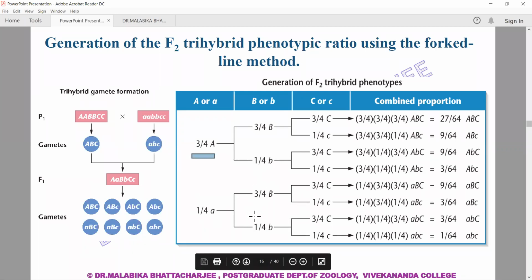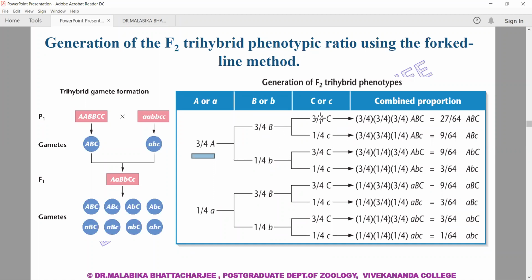Okay. Now there is a third allele, which also will be taken separately. Capital C small c into capital C small c will give us again 3/4 capital C phenotype, 1/4 small c phenotype. So we multiply the probability of A and B, now combined, with the probability of C individually.